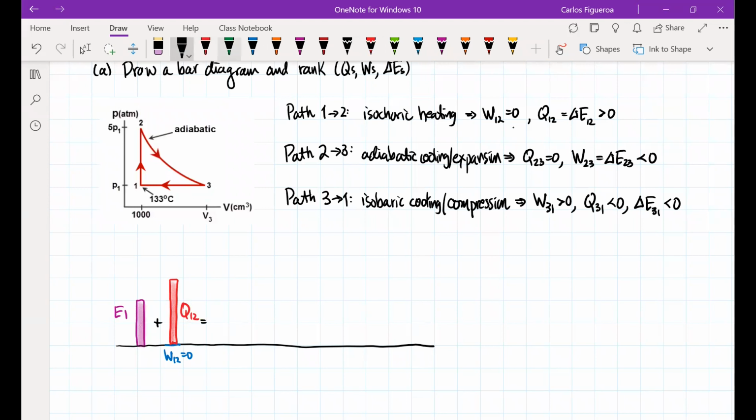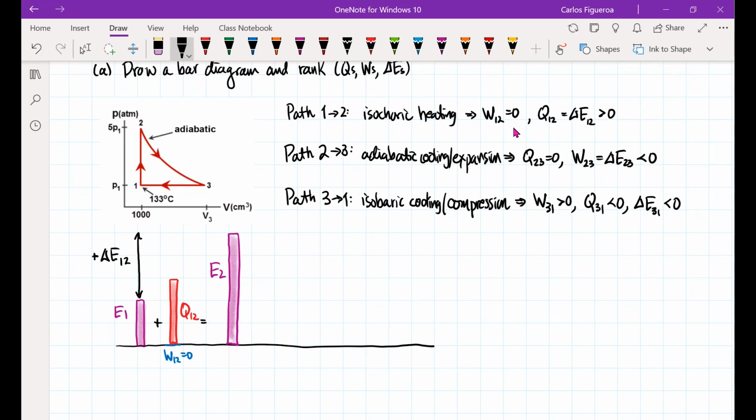As I increase my internal energy, I have to go up 3 squares. And this is my internal energy 2. When I look at the change in internal energy, you can see that from here to there is my change in internal energy between 1 and 2. And note that this is positive, so that's a positive increase.